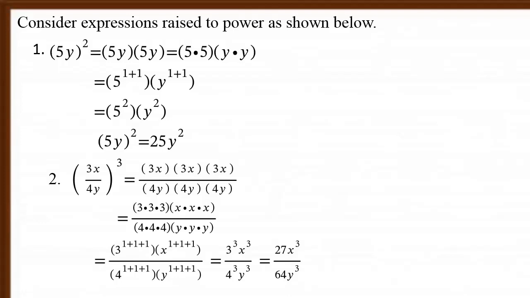So we have 3 raised to 1 plus 1 plus 1 because we have this base of 3, then x raised to 1 plus 1 plus 1 with the base of x, all over 4 raised to 1 plus 1 plus 1 times y raised to 1 plus 1 plus 1. So we have 3 cubed times x cubed all over 4 cubed times y cubed. Then 3x over 4y cubed is equal to 27x cubed over 64y cubed.